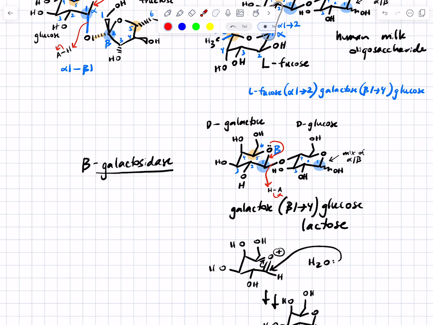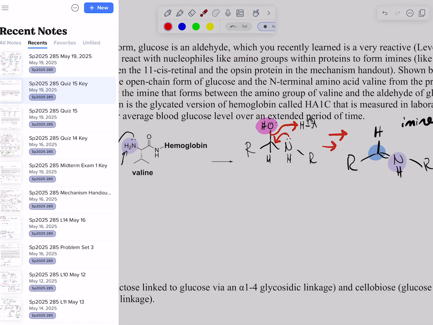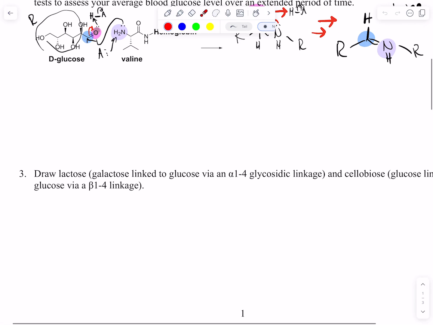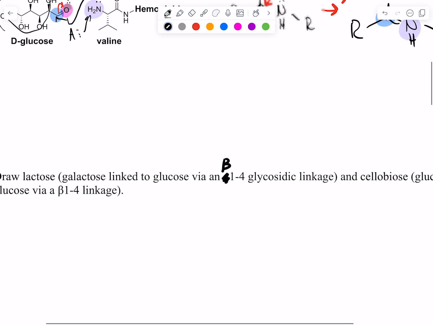Okay. So we want to start looking at larger polysaccharides. Actually, before we do that, on your quiz, if you took notes, you've already done question 3, except note that in your quiz, I wrote the question wrong. Galactose has not an alpha 1,4 linkage, but a beta 1,4 linkage.